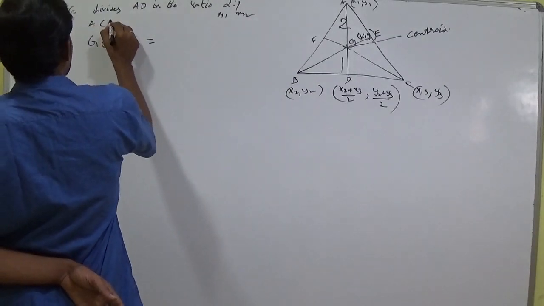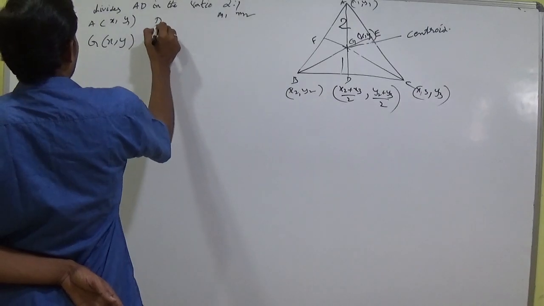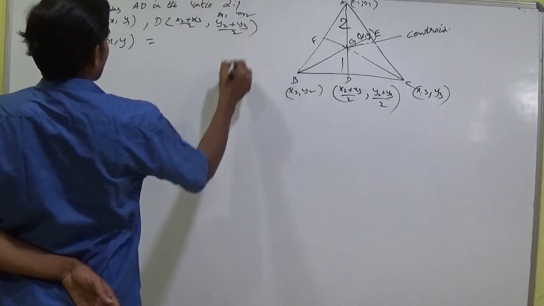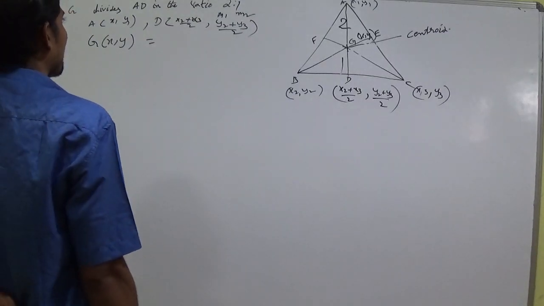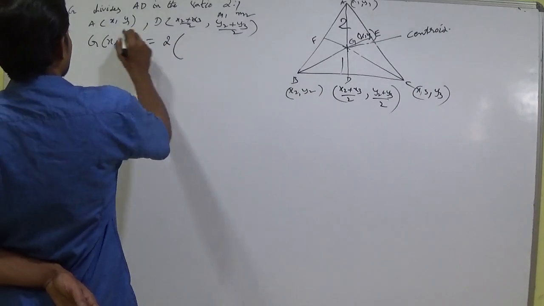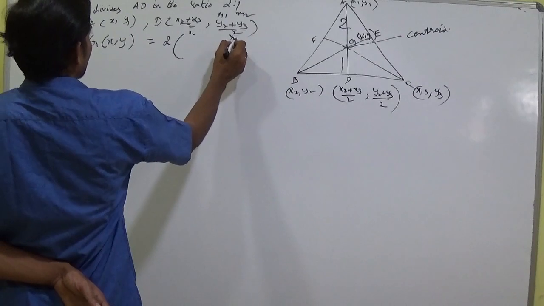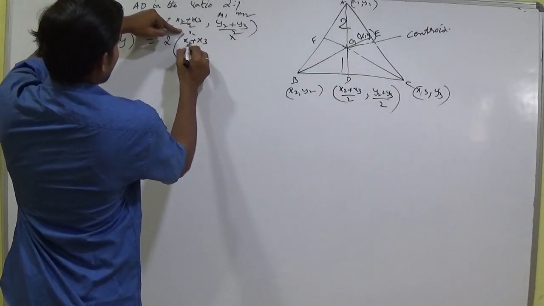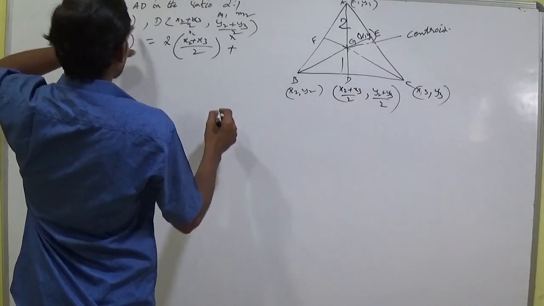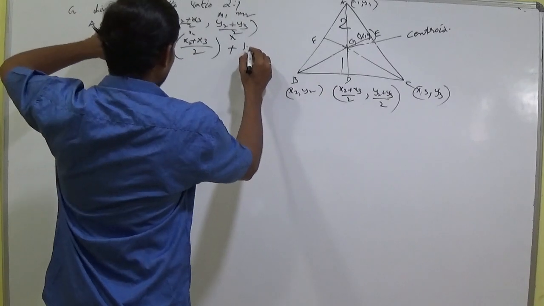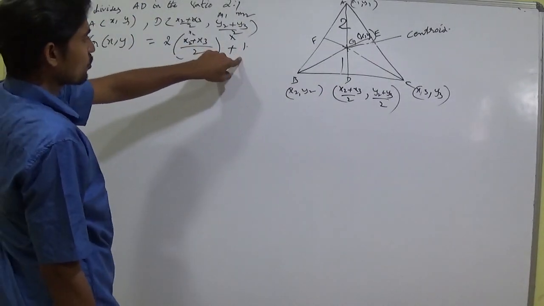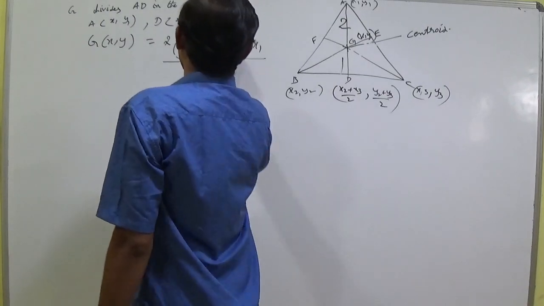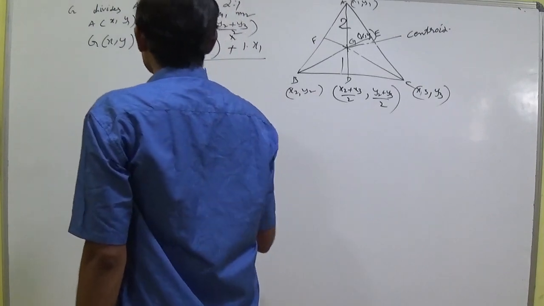Here A is (x1, y1) and D is ((x2 + x3)/2, (y2 + y3)/2). Taking m1 as 2 and m2 as 1, we get 2 into (x2 + x3)/2 plus 1 into x1, divided by m1 plus m2, that is 2 plus 1. Understand?